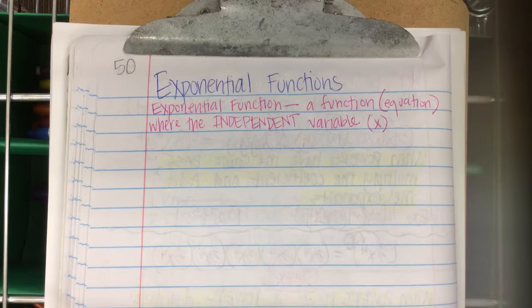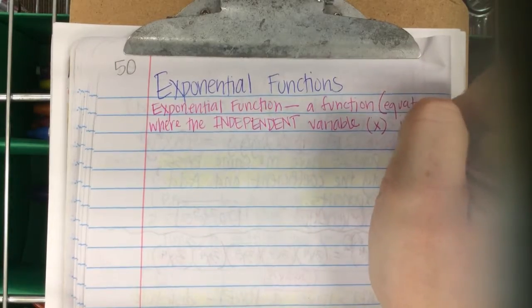We can't manipulate time, right? The number of people. And the independent variable is an exponent.